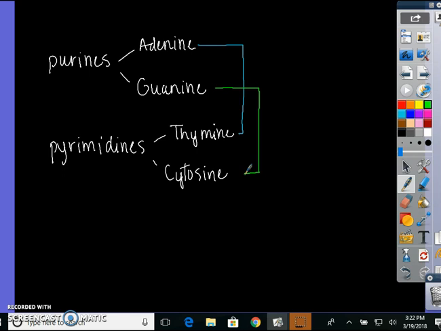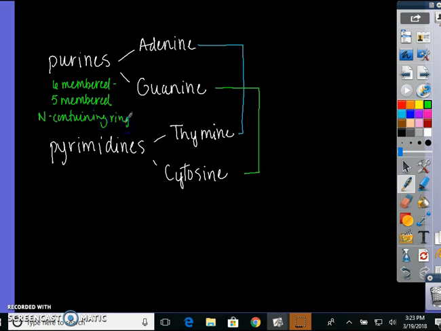I was looking at an image, and I was trying to share a really cool resource. Purines have a 6-membered and a 5-membered nitrogen-containing ring. So this is the 6-membered, and a 5-membered nitrogen-containing ring.